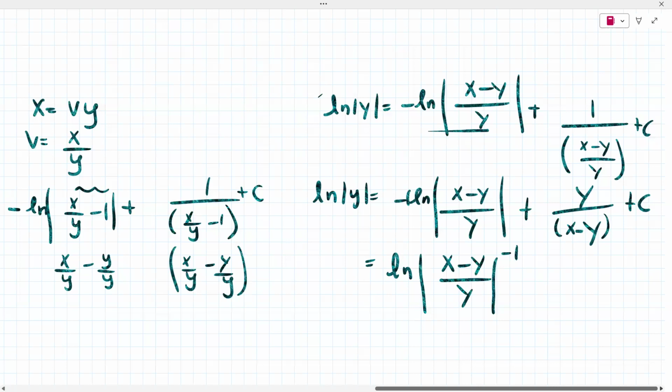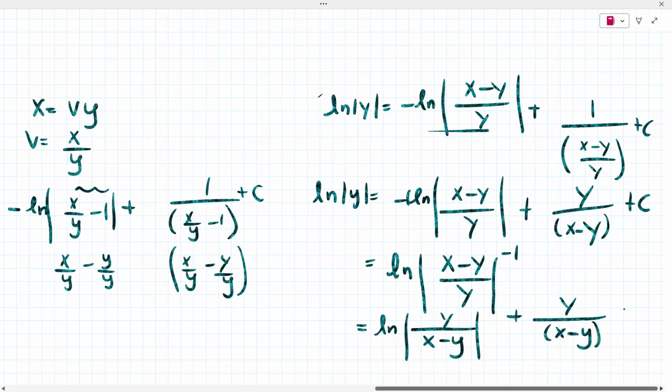And then I guess you could simplify this. This to the negative 1, you can just flip it. So it's going to be ln of y over x minus y plus y over x minus y plus c.